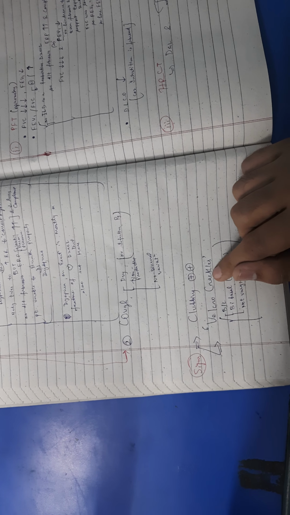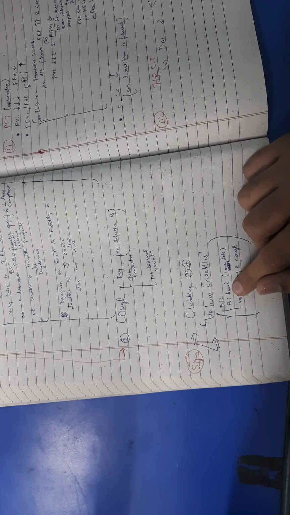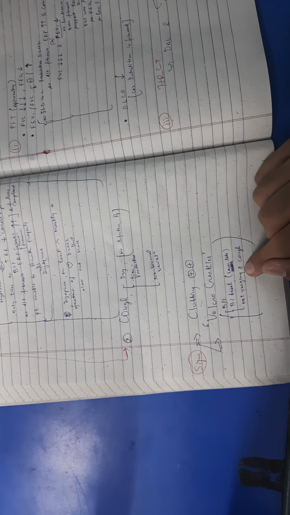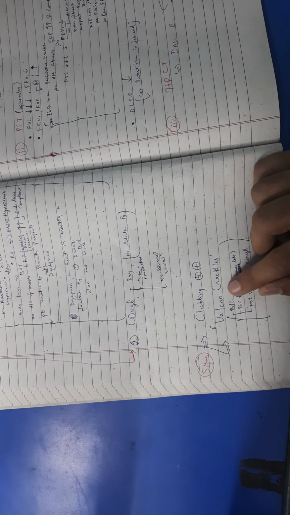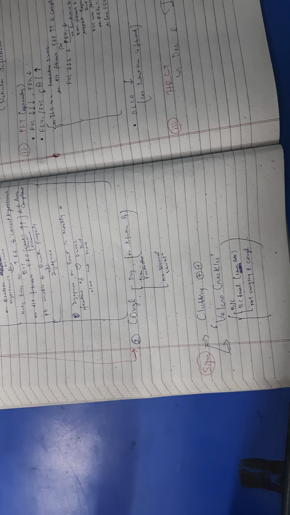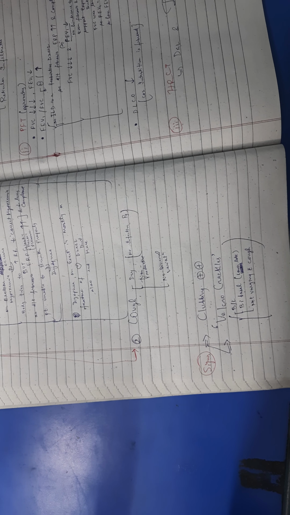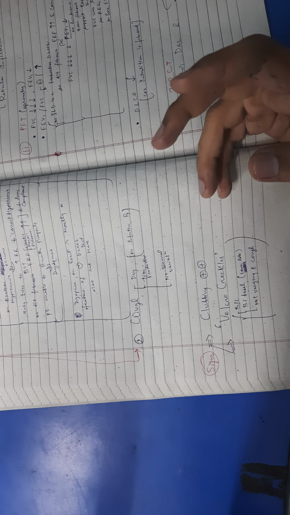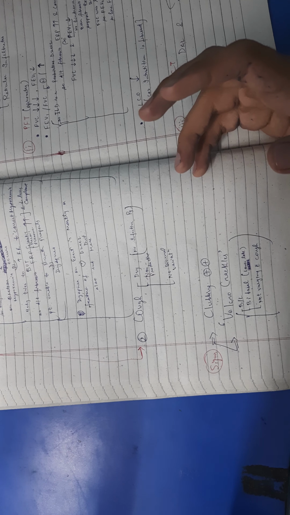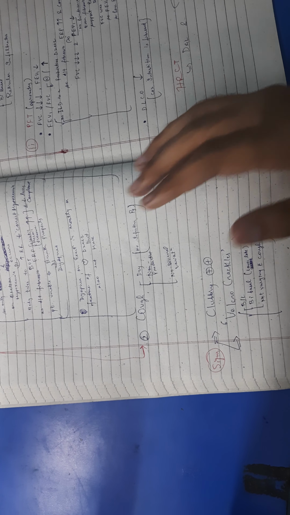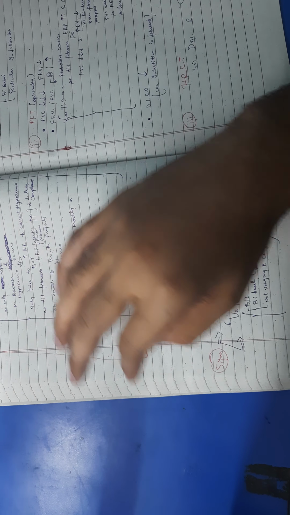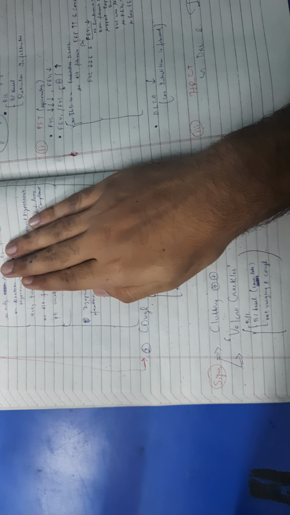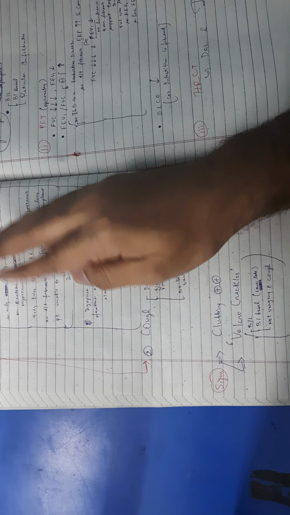So here crackles are bilateral and bibasal, that is in the lower lobes, and not clearing with cough. These are called velcro crackles. A velcro belt is like a tape with a rough hairy part and another part you stick over it, and when we open it, it makes a sound like zzz.